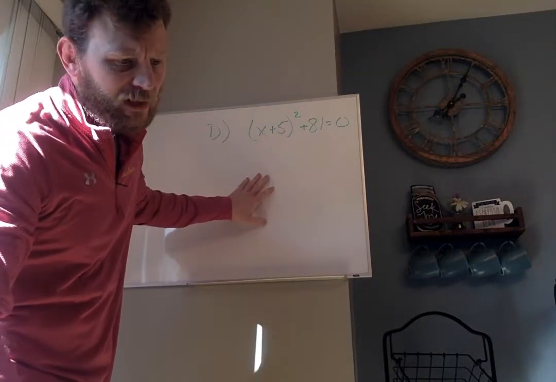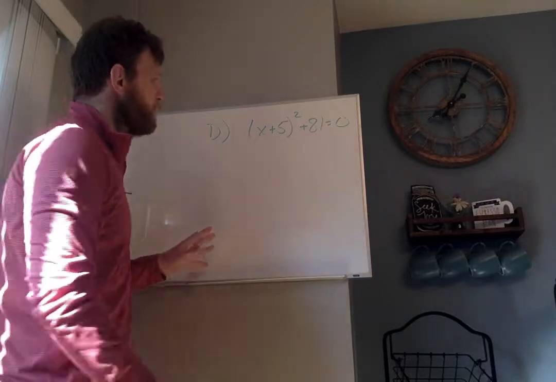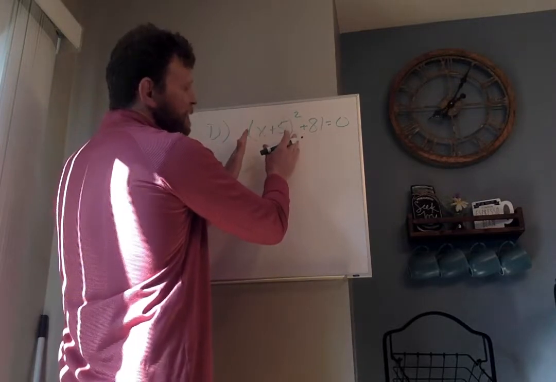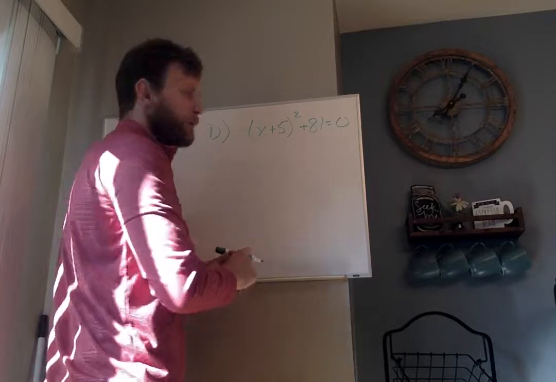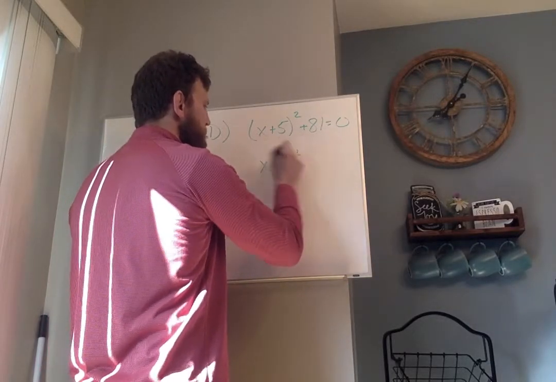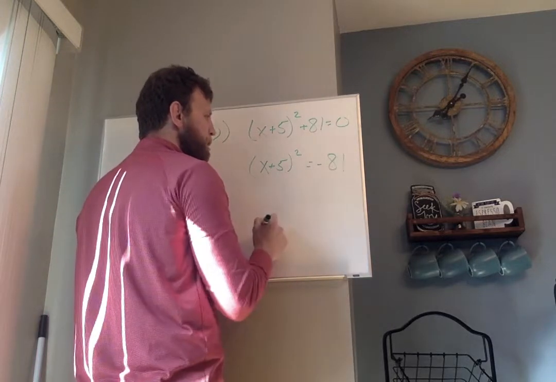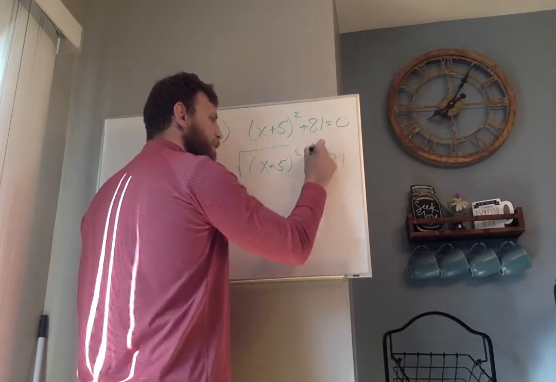So I have x plus 5 squared plus 81 equals 0. So now what I want to do is get this piece by itself, so I can take the square root of it. So I'm going to simply subtract 81. And now I take the square root.